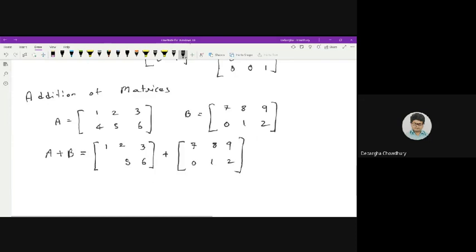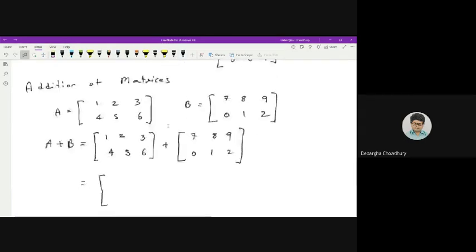Suppose this is the first row and first column, right? This element is located at the first row and the first column. Similarly, in the next matrix, this is also the first row first column element, so we would add these two elements.